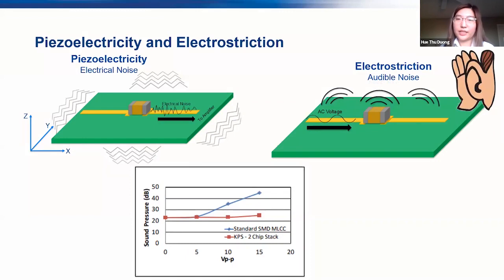So yes, because of the ferroelectric material, yes, the answer is yes. So due to the DC bias, it will, sorry, can you repeat the question, please?